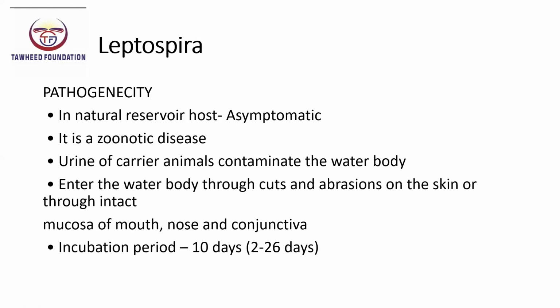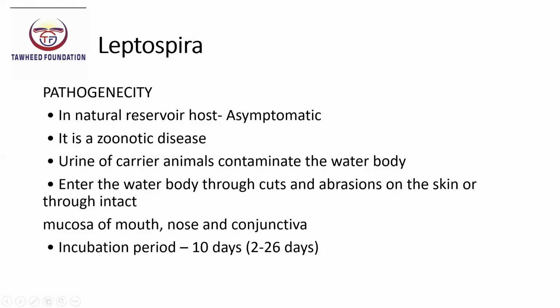Humans acquire infection when exposed to contaminated water, especially through skin abrasions or mucosal surfaces of the mouth, nose, or conjunctiva. Rarely, ingestion and inhalation can also serve as routes. After entry, leptospires disseminate rapidly throughout the body because of their motility and ability to evade phagocytosis.